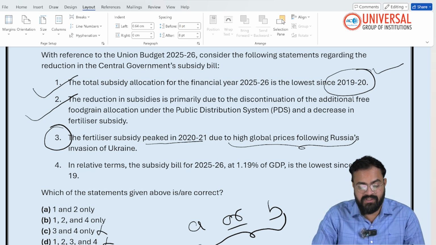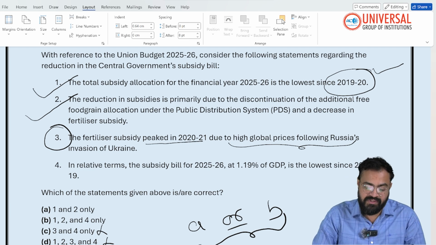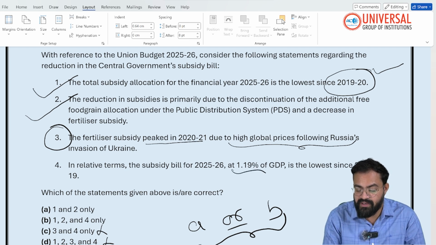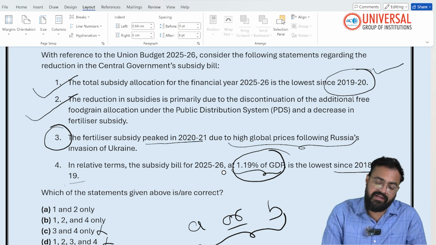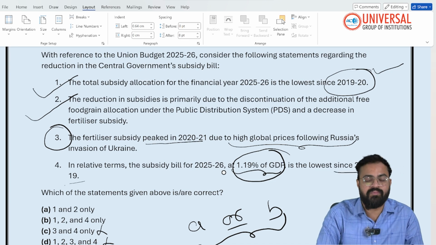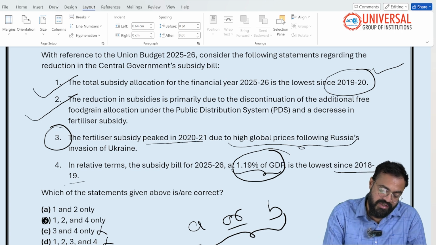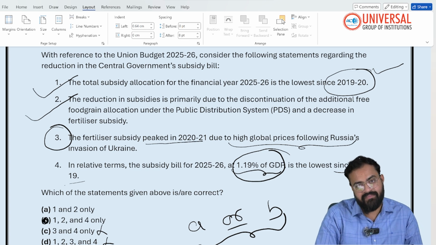Now the question comes here: in relative terms, the subsidy bill of 25-26 is at 1.19% of GDP, the lowest since 2018-19, which happens to be absolutely correct. So the answer for this question is B.